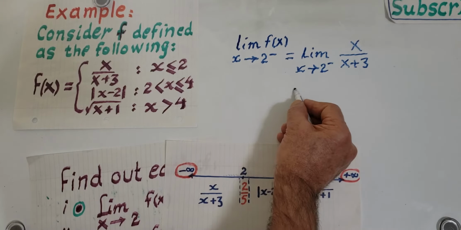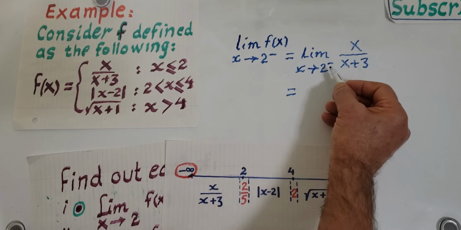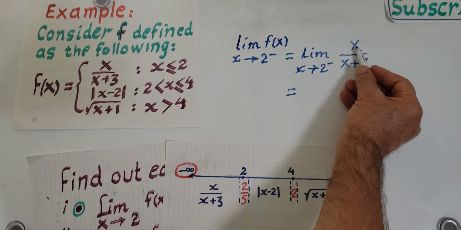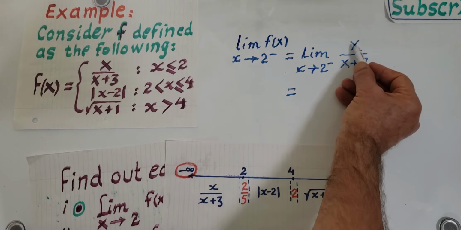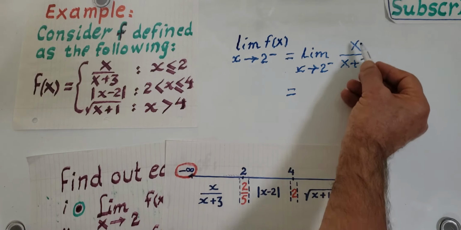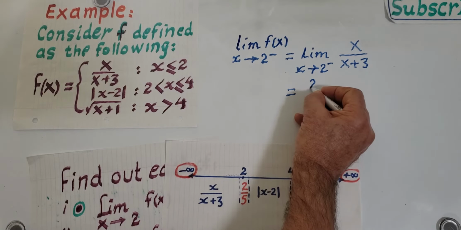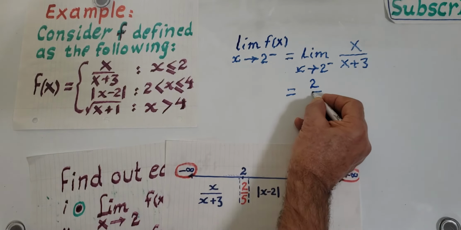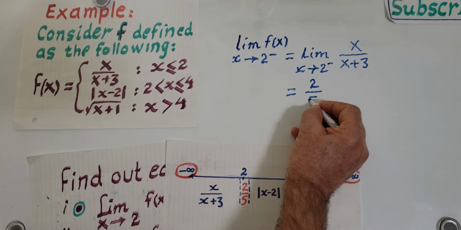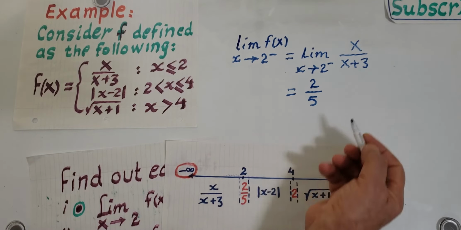When you put 2 here and 2 here, that means 2 over 2 plus 3, that means 2 over 5. This is the limit from the left of 2.